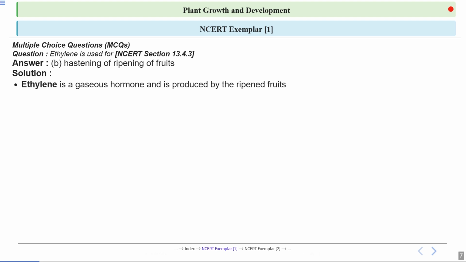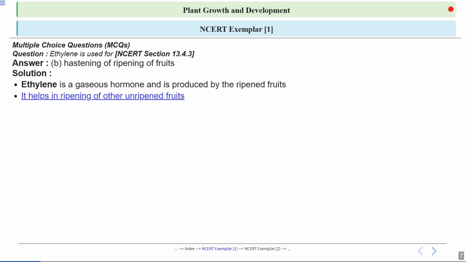Ethylene is used as a gaseous hormone, right? This characteristic allows it to diffuse easily and affect the surrounding fruits, making it a powerful agent in agriculture. Ethylene's ability to help ripen other unripe fruit is a key feature of this particular hormone.